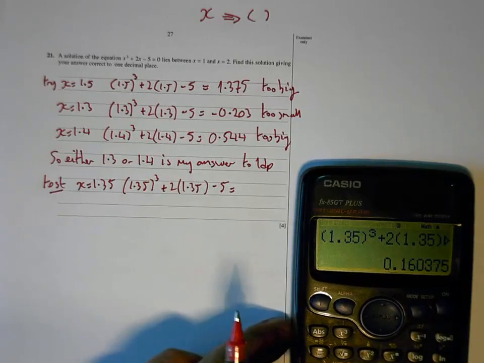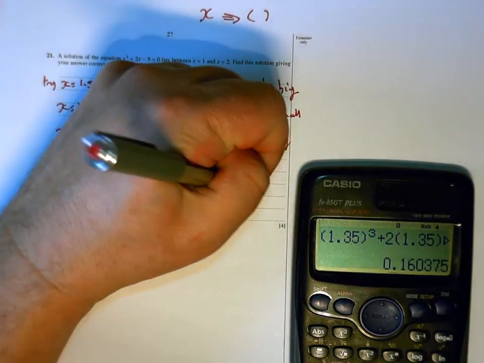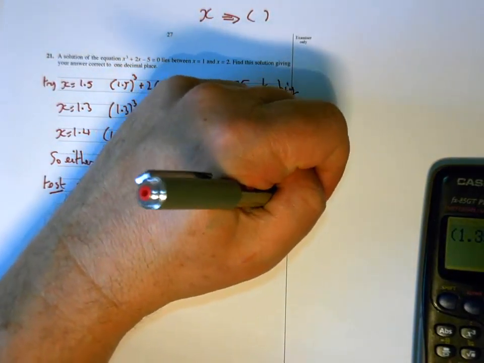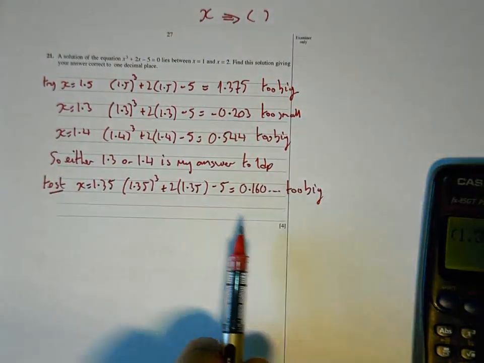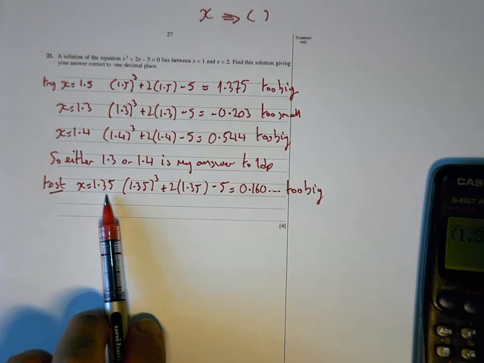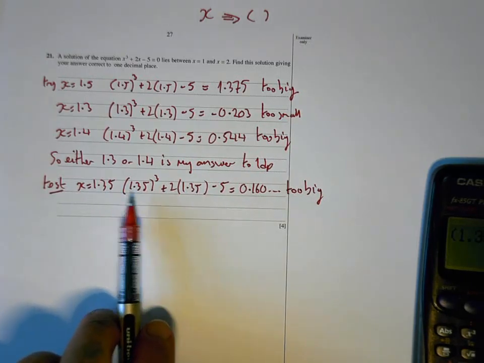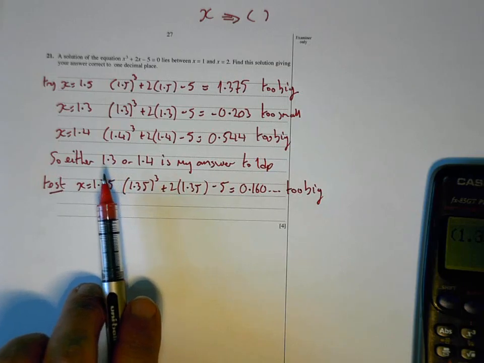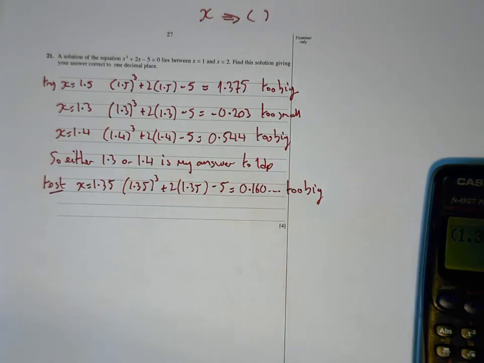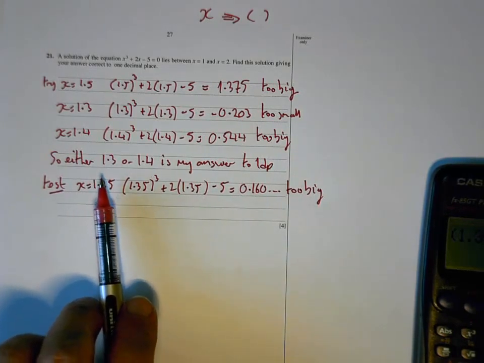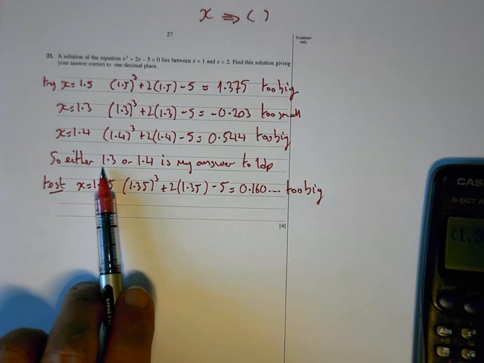That's too big. So that means everything between 1.35 and 1.4 is going to round too big. So, because that's too big, the answer is closer to 1.3, and everything between 1.35 and 1.30 rounds to 1.3.